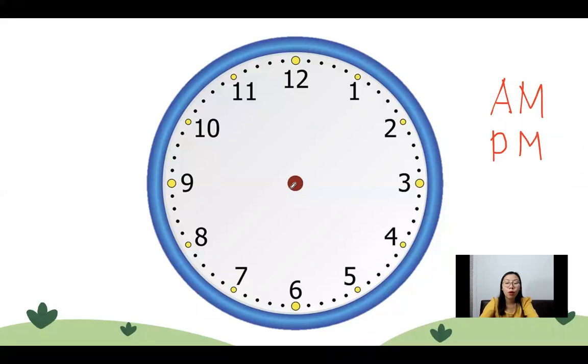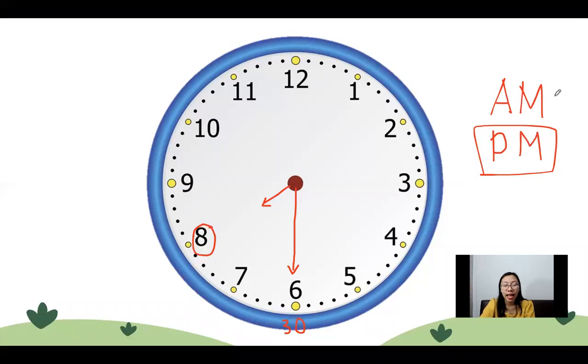So for example, what time do you go to bed? If the short hand is at 8, then it is 8:30 p.m. Okay, that's how we tell the time. Just remember 1, 2, 3, 4, 5, 6, 7, 8, 9, 10, 11, 12.